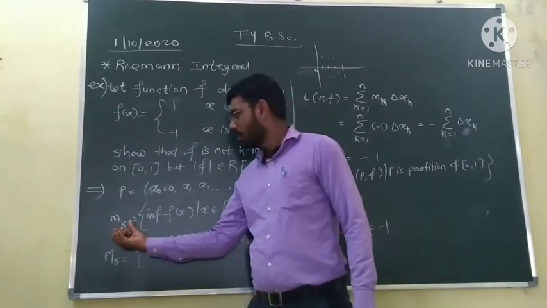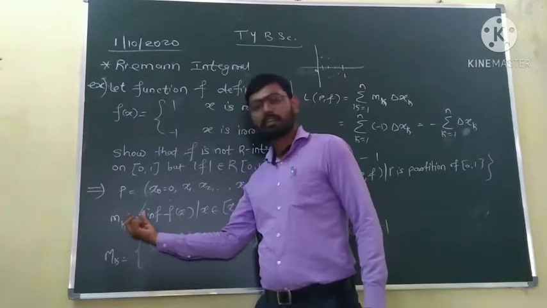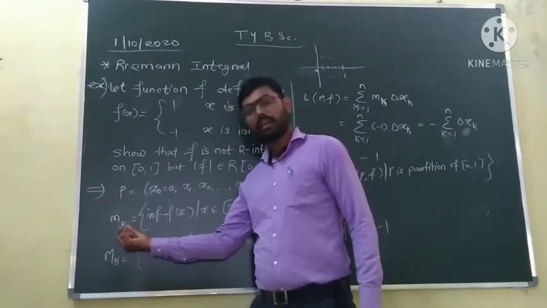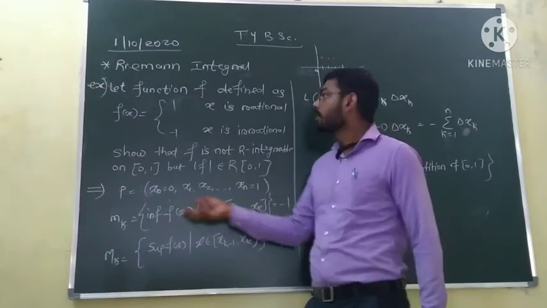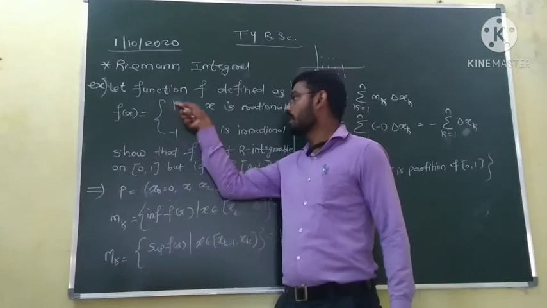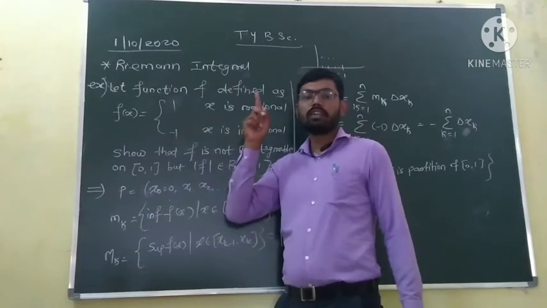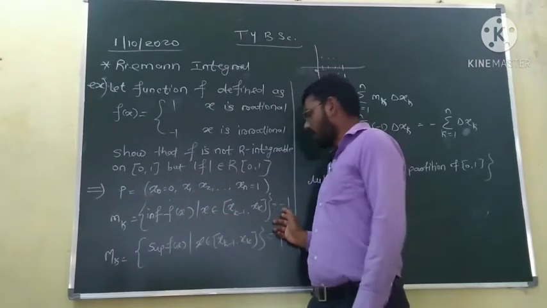Now the minimum value of the function, that is small m k, in the k-th subinterval is minus 1. Why? Because in each subinterval the function takes only two values, either 1 or minus 1. So in each subinterval the minimum value of the function is minus 1.